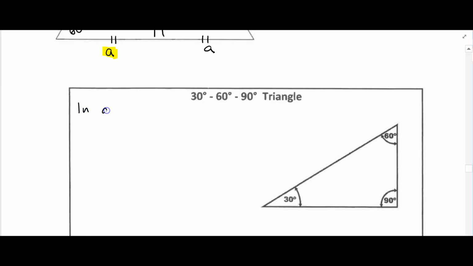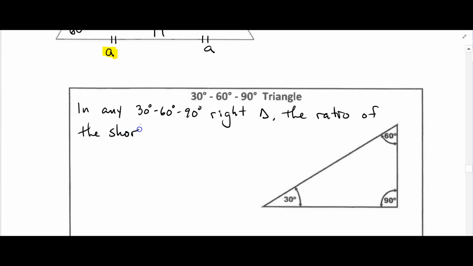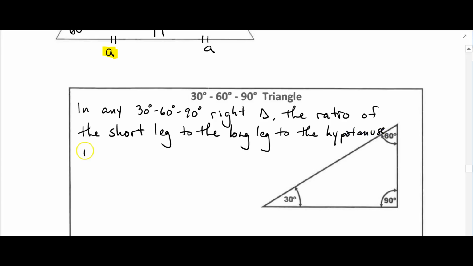So in any 30, 60, 90 right triangle, the ratio of the short leg to the long leg to the hypotenuse is always, so we've got a to a root 3 to 2a.